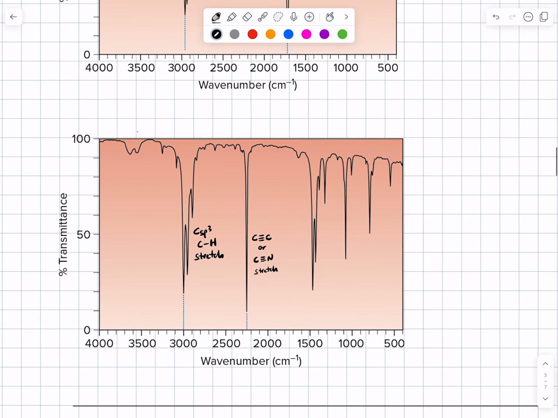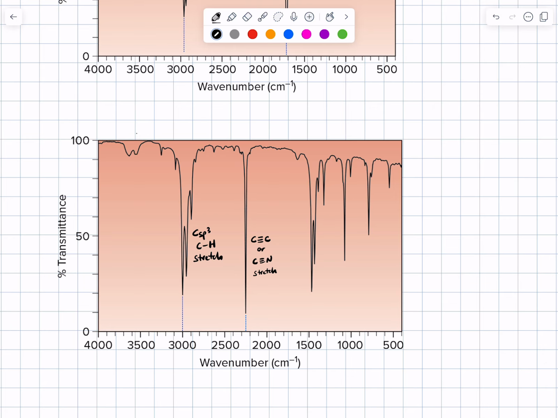What about this? Here you see the familiar sp3 hybridized carbon-hydrogen bond stretching, sort of a messy multiple peak centered on or around 2900. Then you see a very narrow, sharp peak, and it's not where you expect for a carbonyl.